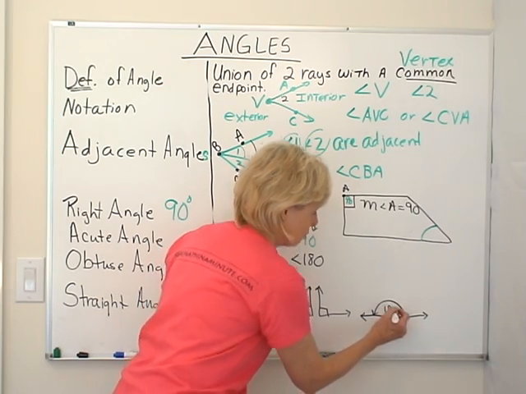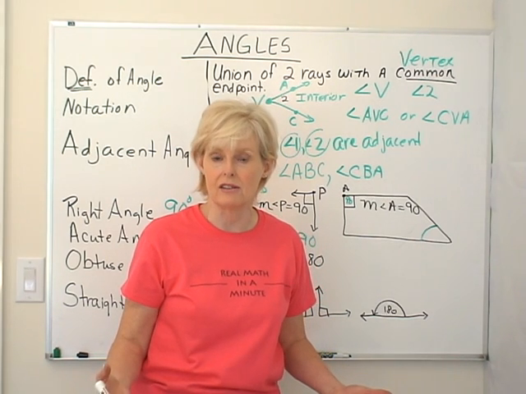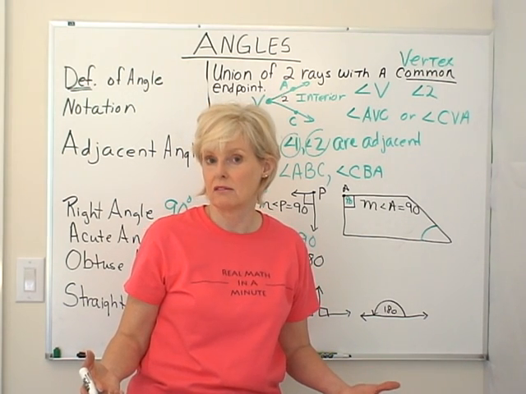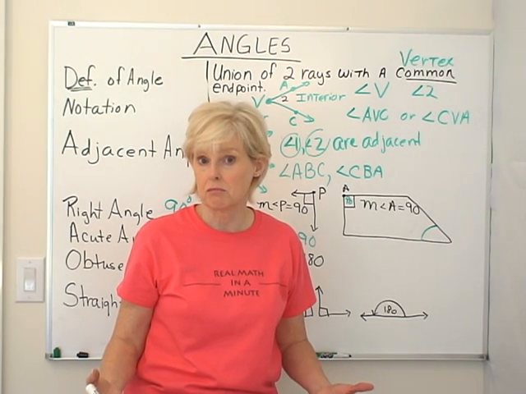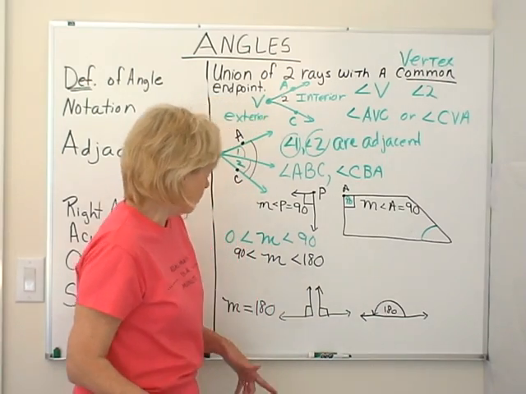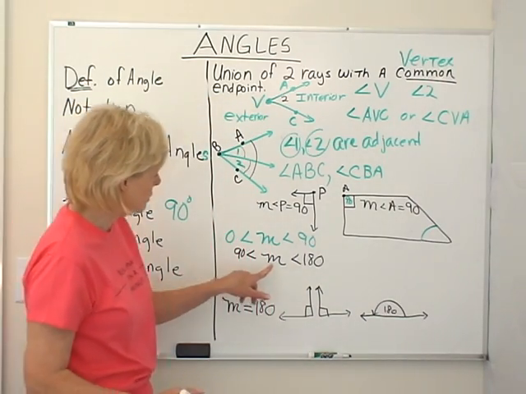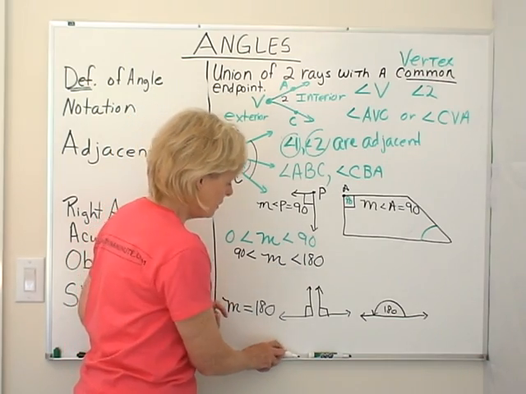It's called a straight angle because it is a straight line. It is a line. So every line has a measure of 180 degrees, and it's called a straight angle. So an obtuse angle is any angle that is greater than 90 but less than 180.